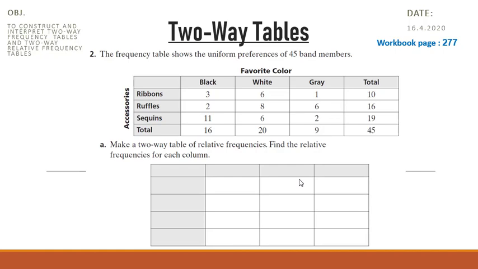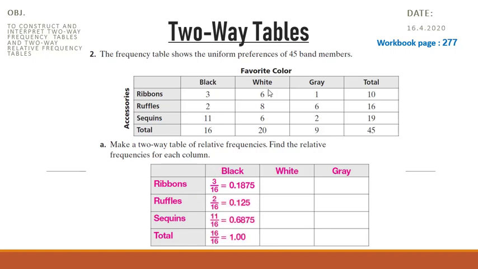We have the table, and we will divide, as the question asks us, to find the relative frequencies for each column. So we will divide 3 by 16. Good. And 2 by 16 and 11 by 16.